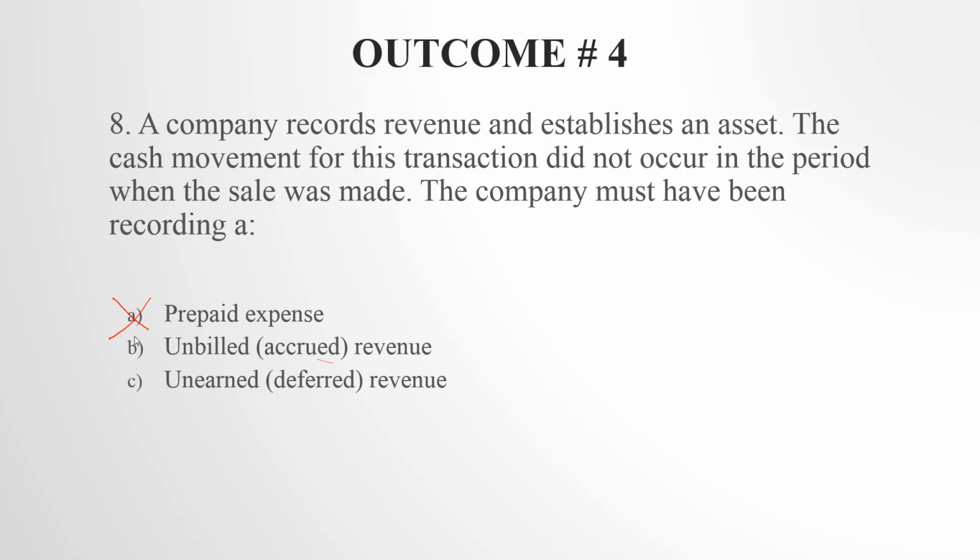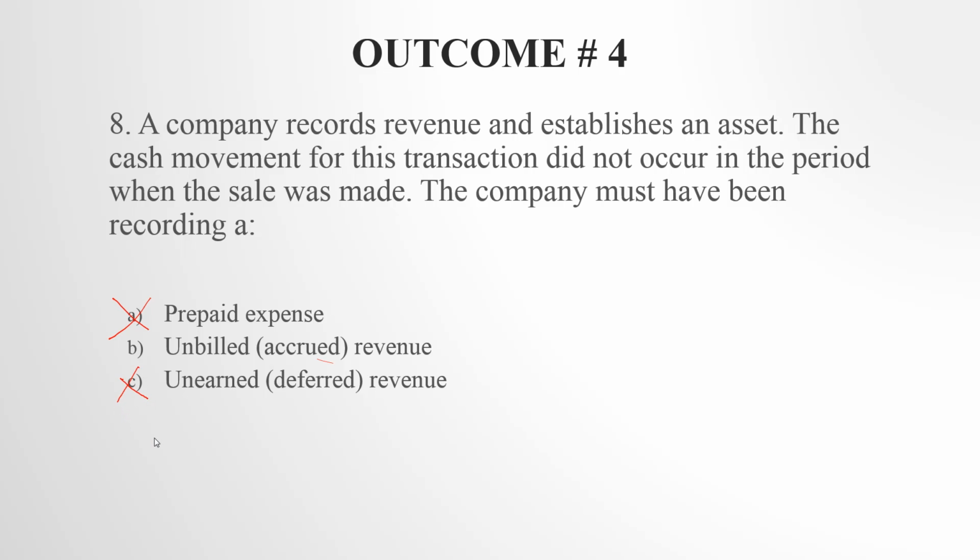Unearned revenue, option C. Unearned revenue is generated when we receive cash, but we haven't provided the service yet. Unearned revenue is actually a liability. And so C is also wrong.